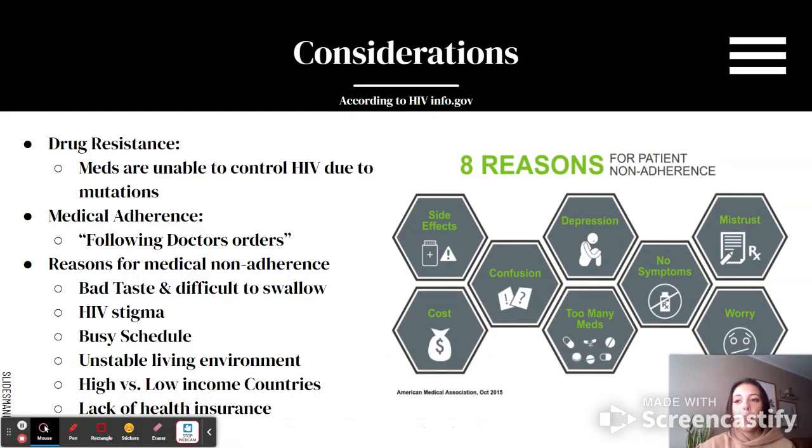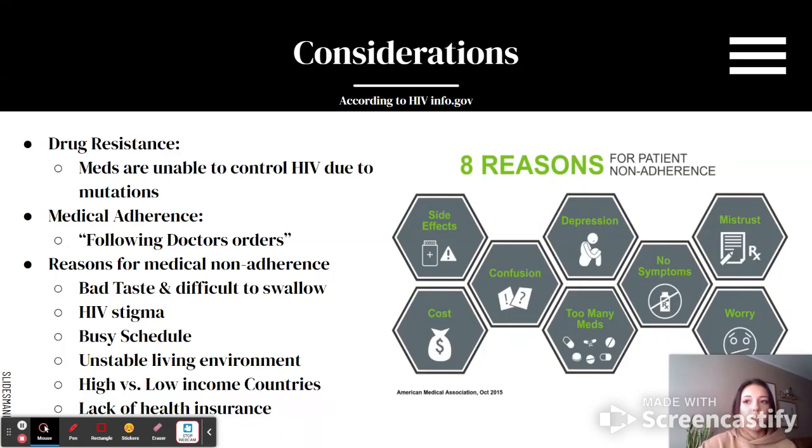Some considerations. Drug resistance can occur due to medications being unable to control the HIV from multiplying, because it continuously mutates. So drug resistance testing can be done to help decipher what medications should be included in the individual's beginning HIV treatment.